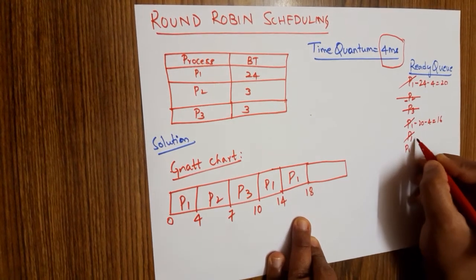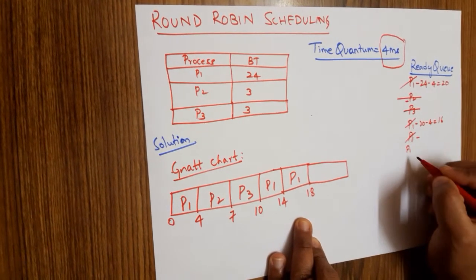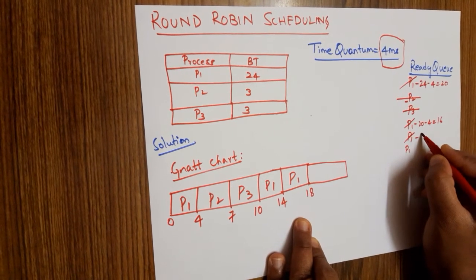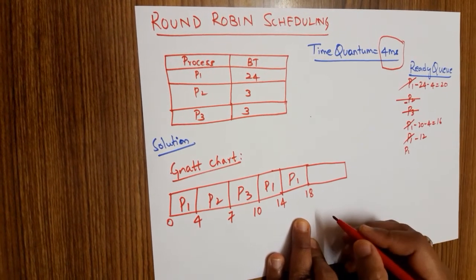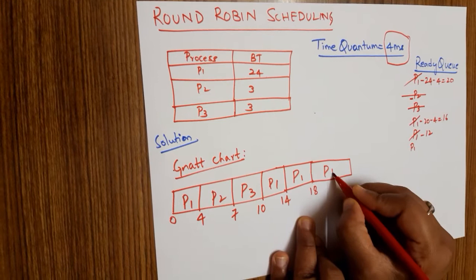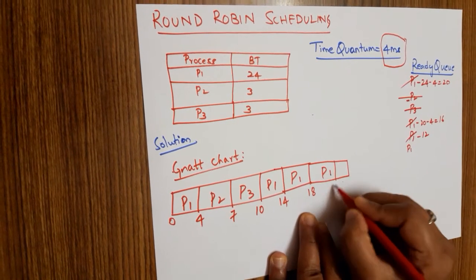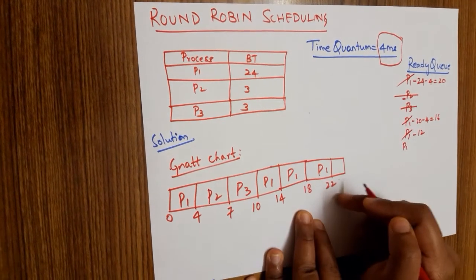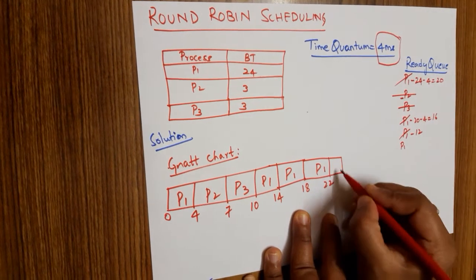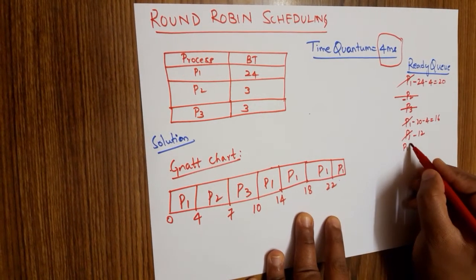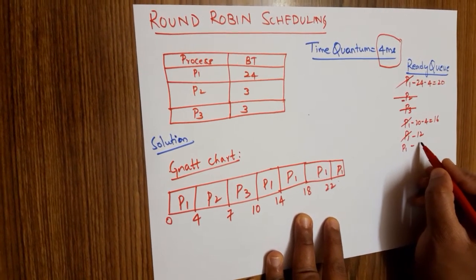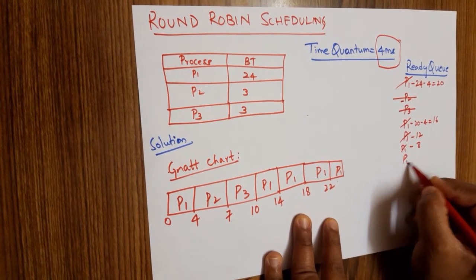Again it is added to the ready queue, and the remaining time will be 12. Next P1 executes up to 22 milliseconds: 18 plus 4 equals 22. Next I add it to the ready queue again, with 8 milliseconds remaining.